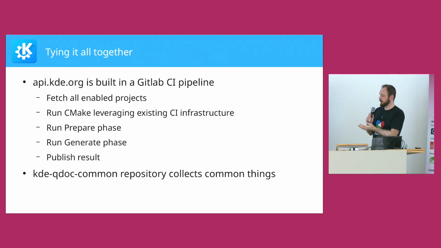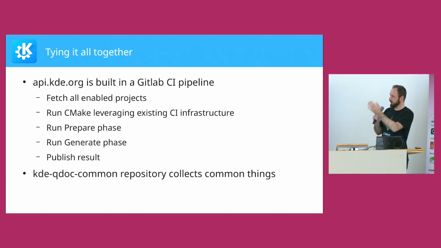And then because all of the generation process is integrated into CMake, we need to actually run CMake for all of the projects, meaning we need to have all of the build dependencies available. Fortunately, that is very easy to achieve within our CI system because we have, well, previously it was Docker images, now it's virtual machines that have all the dependencies, and we have tooling to fetch all the KDE dependencies based on the KDE CI YAML files.